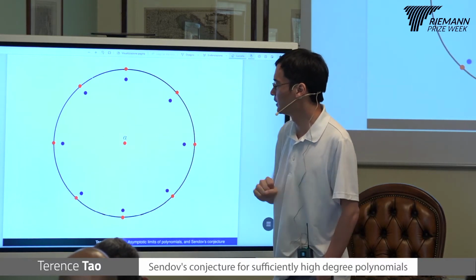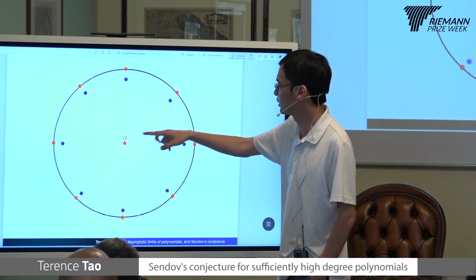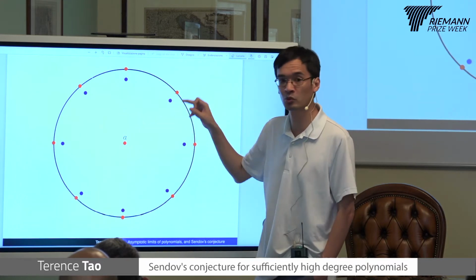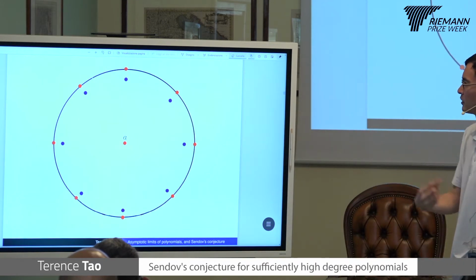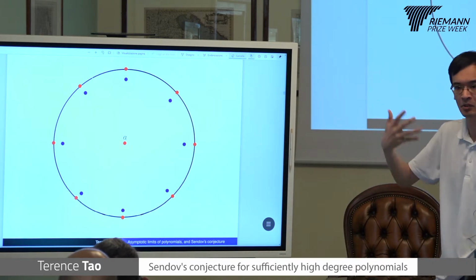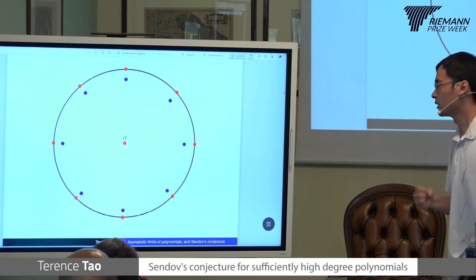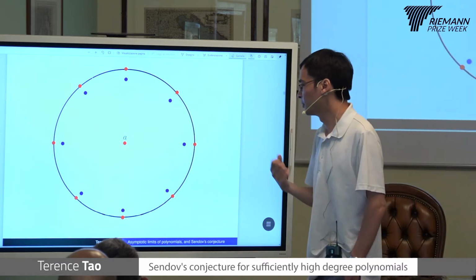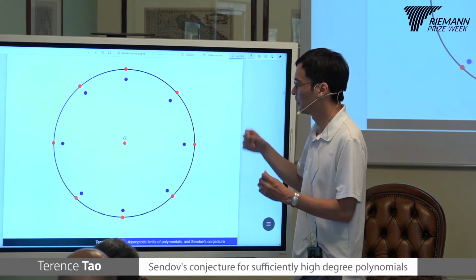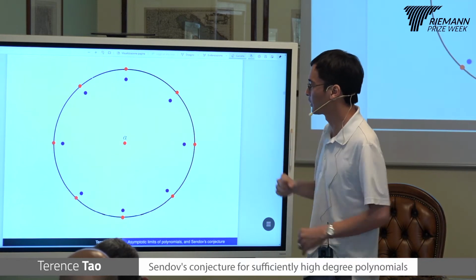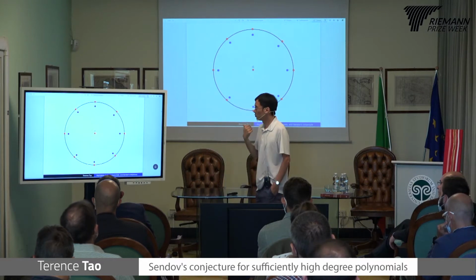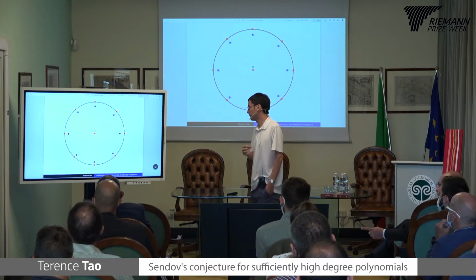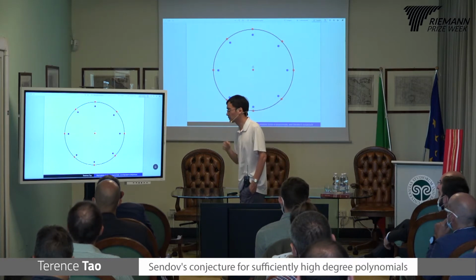So this zero is quite isolated. The distance between this zero and the critical points is almost 1. So the 1 in Sendov's conjecture cannot be replaced by, say, 0.9 or 0.99. So 1 should be the maximum, the most that the critical points can avoid, can be repelled from any given zero. That is one key example that demonstrates this conjecture is almost optimal.